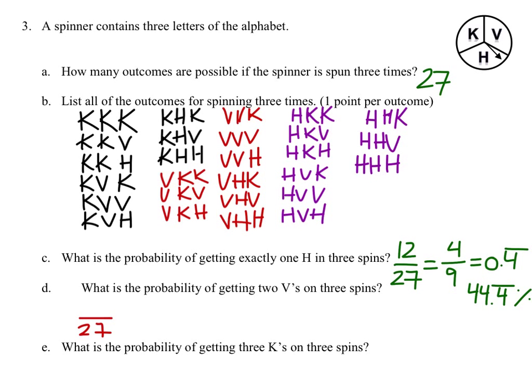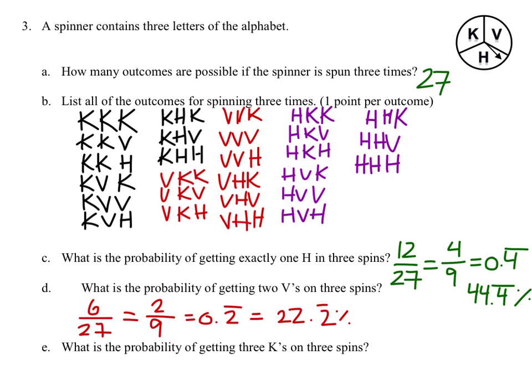I got 6. So 6 out of 27, which simplifies to 2/9, which is the same as 0.2 repeating, which is the same as 22.2 percent repeating.